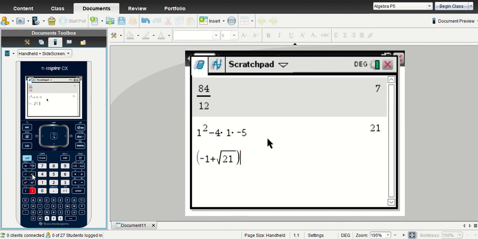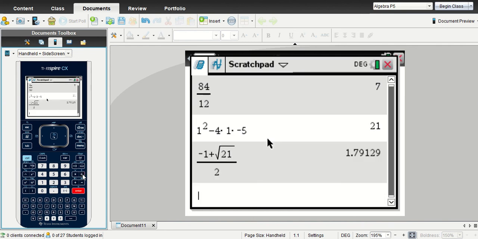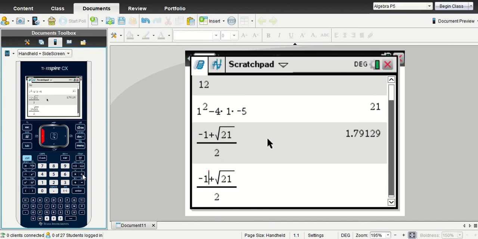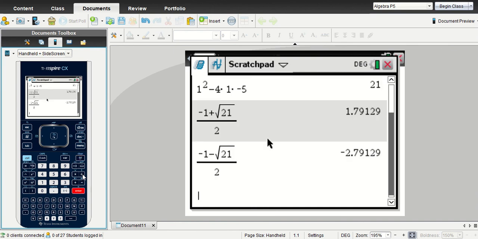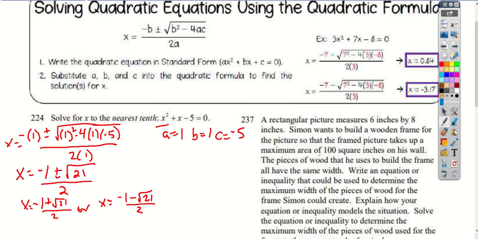Parentheses there so I can close it off. I'm going to hit Control Divide, get my fraction bar, divided by 2. And then if I hit up arrow and grab it, I can just switch that to a minus. And there's my 2 answers. So nearest tenth would be 1.8 and -2.8. And there are my 2 answers.